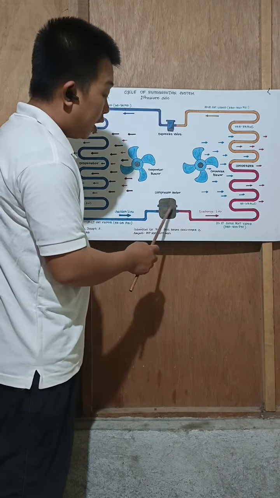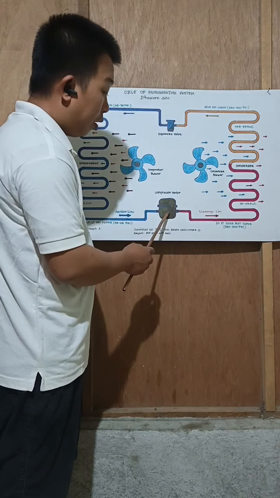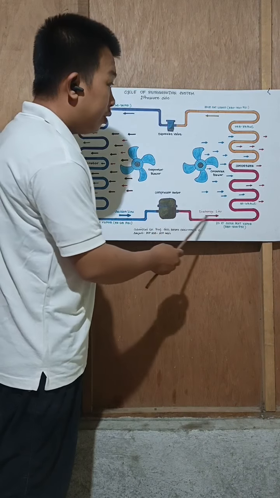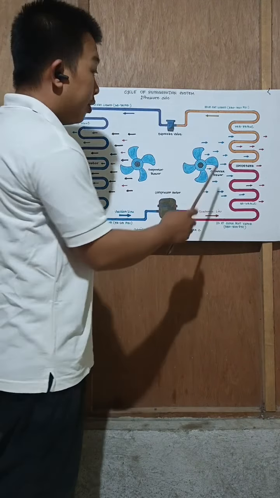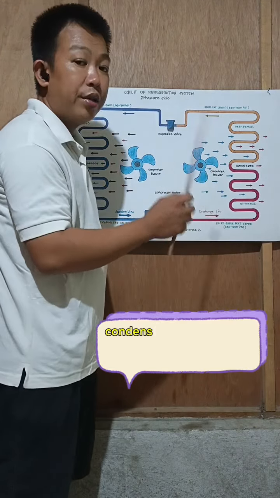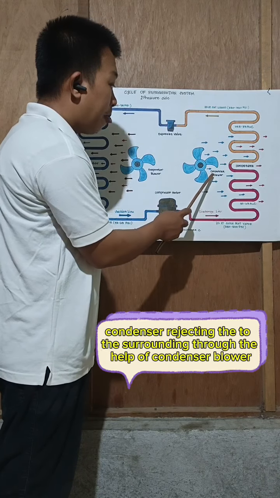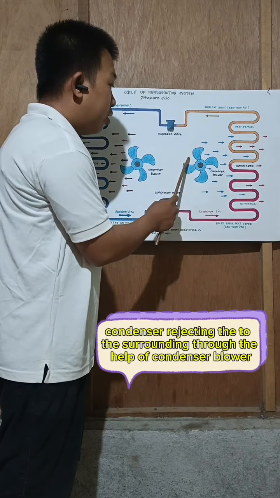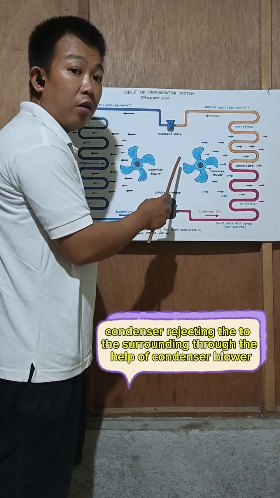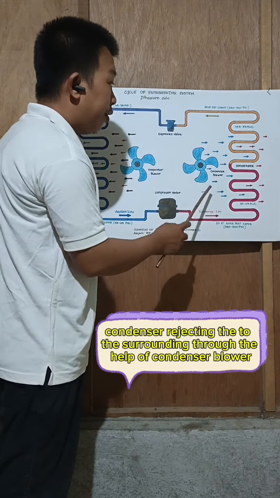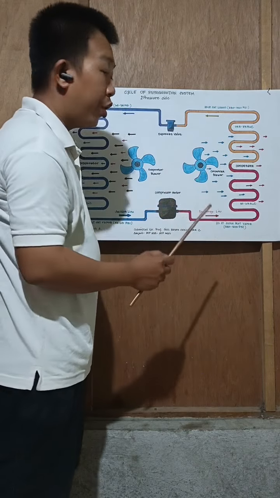When it comes out of the compressor, the refrigerant flows here to the condenser, where the condenser rejects the heat to the surroundings with the help of this condenser blower. The condenser blower absorbs the ambient or outside air and blows it here onto the condenser fins and condenser coil.